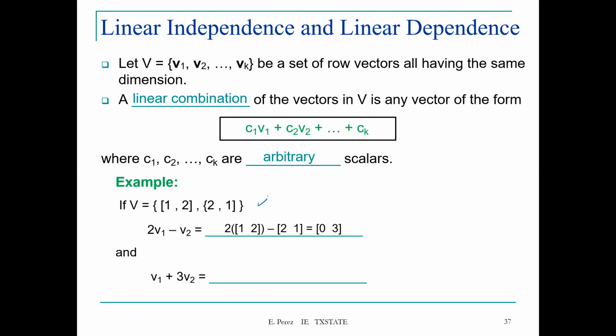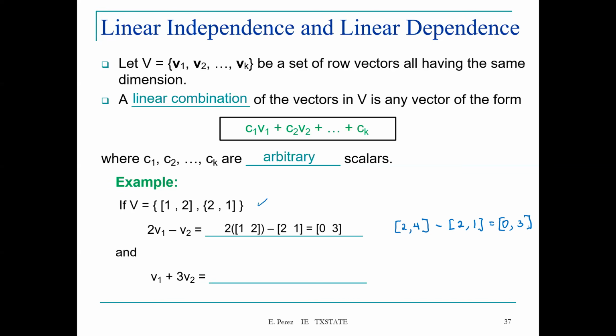So performing this operation, we get 2, 4 minus 2, 1. And that is equal to 0, 3.